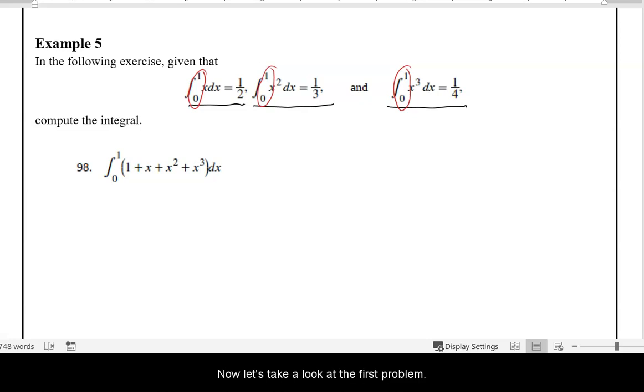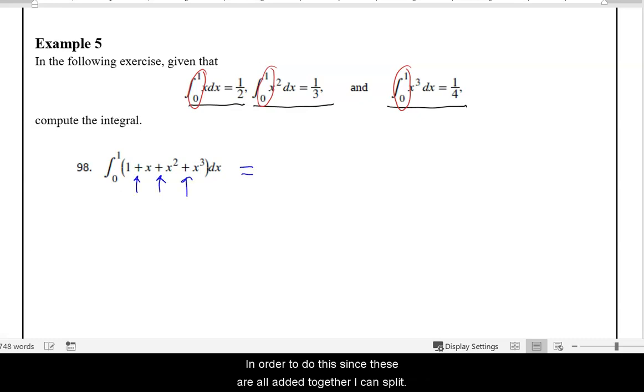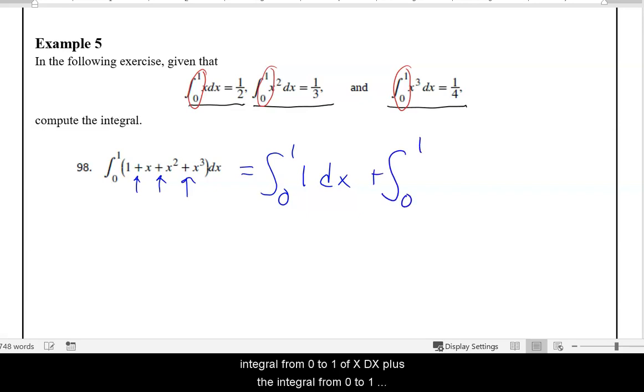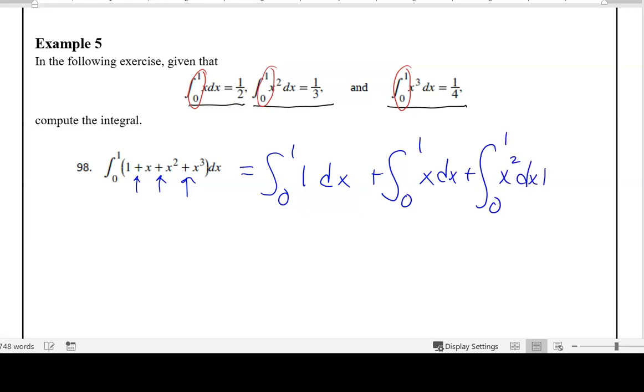Now let's take a look at the first problem. In order to do this, since these are all added together, I can split the definite integral of a sum into the sum of the definite integrals. This gives me the integral from 0 to 1 of 1 dx plus the integral from 0 to 1 of x dx plus the integral from 0 to 1 of x squared dx plus the integral from 0 to 1 of x cubed dx.